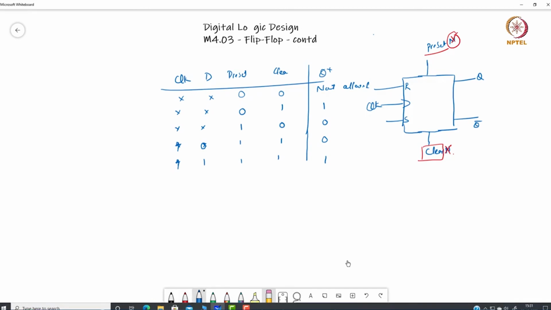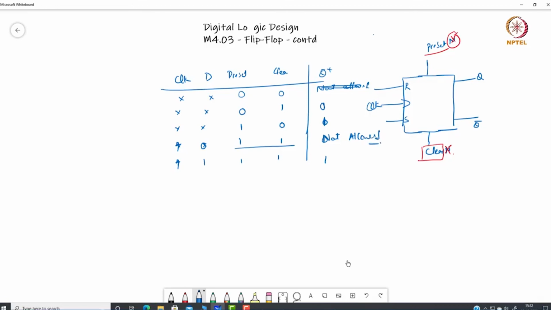In that case, if it is 0 0, then the circuit will behave like a regular circuit. But if clear is 1, then the output is going to be 0. If preset is 1, then the output is going to be 1. When both of them are 1, it is a conflicting situation. This situation is not allowed. Only one of preset or clear would be there as the input. So this would be a condition that is not allowed.